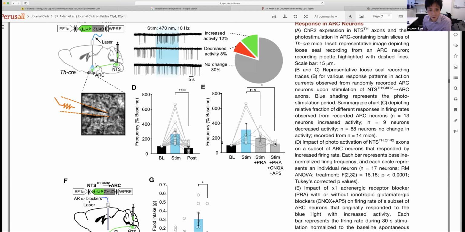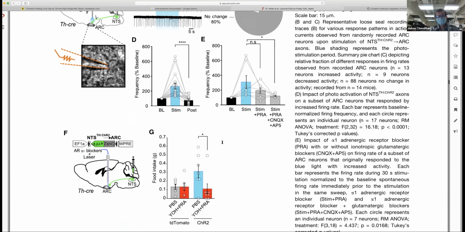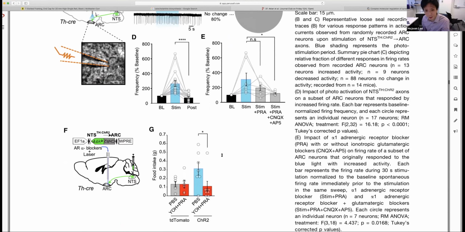Not very obvious from E, maybe from G. But overall, I think the evidence supporting that adrenergic receptors are doing something is a maybe to me. It's not so clear to me.